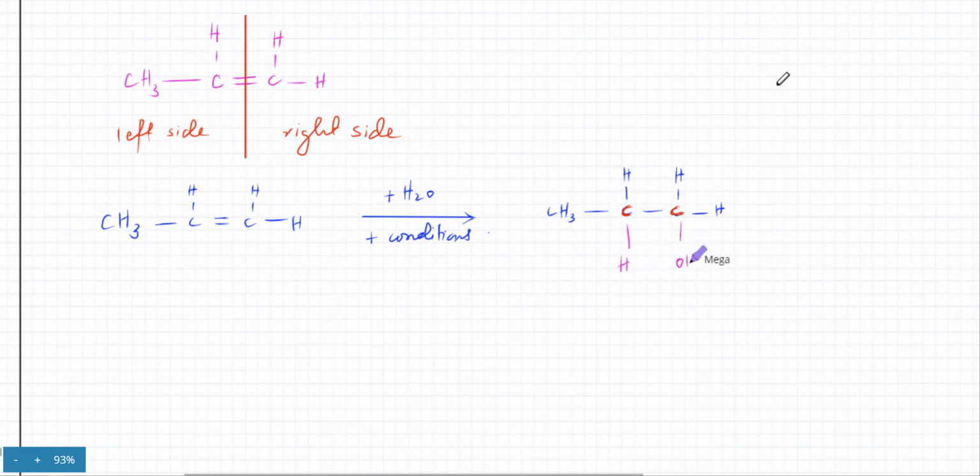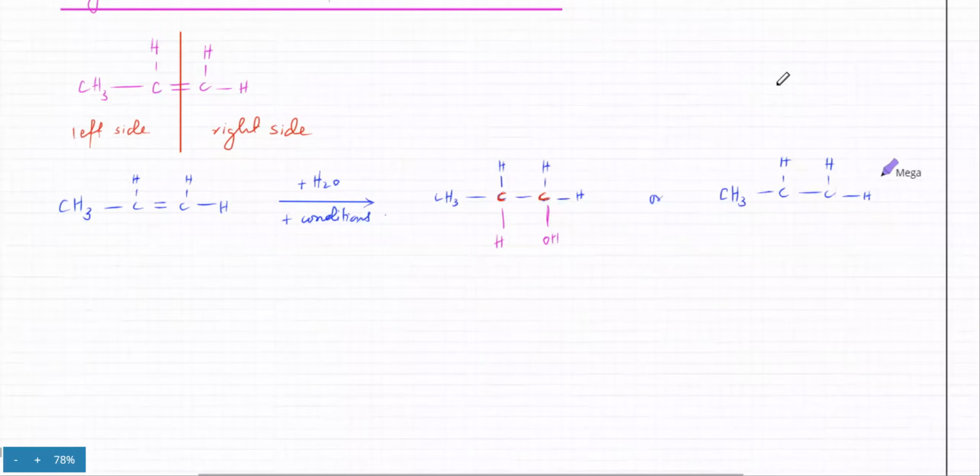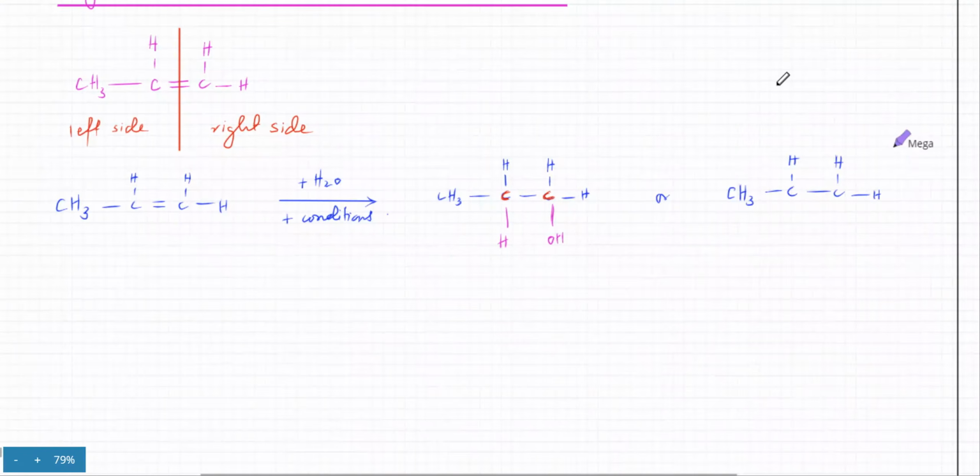Now you're going to get two options, and that's one of them. The other one is that the double bond is going to go away, and the H would get attached on the right side, and the OH would get attached on the left side.